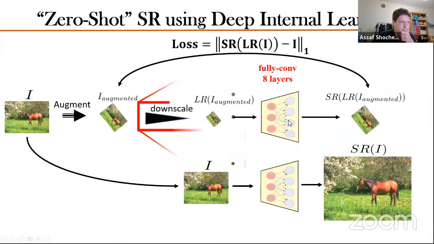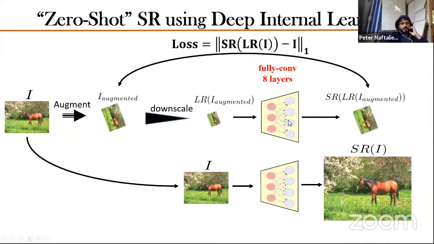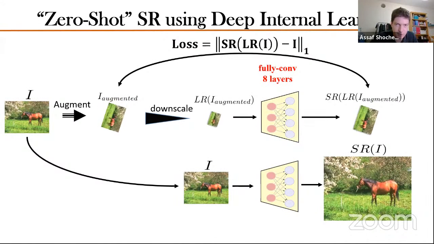Okay. There are a couple of questions here and on YouTube. Tomer is asking, can you estimate the kernel without the original SR source? Yeah, sure. When we estimate the kernel, both in this work by Tomer Michaeli and in our work from NeurIPS 2018, we certainly don't have the high resolution ground truth.